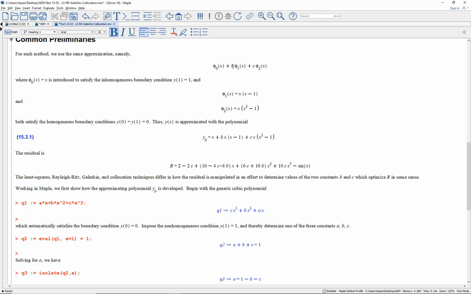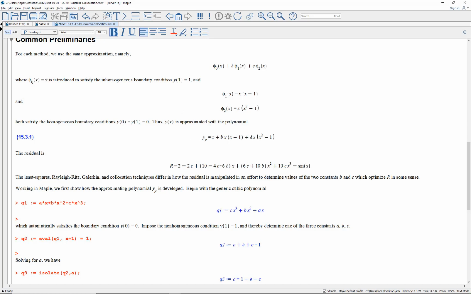Now, phi 1 and phi 2 are chosen to be these polynomials. Phi 0 is x. The reason for these choices is that phi 1 and phi 2 go to 0 at the endpoints. X satisfies the conditions at the endpoints.